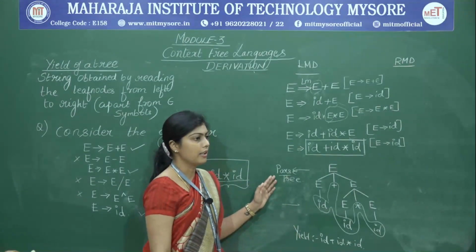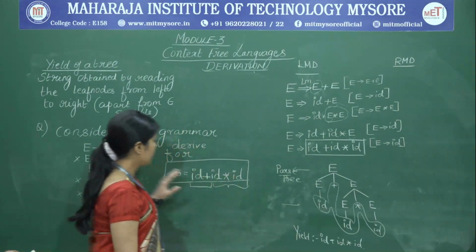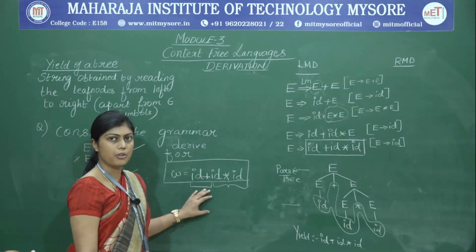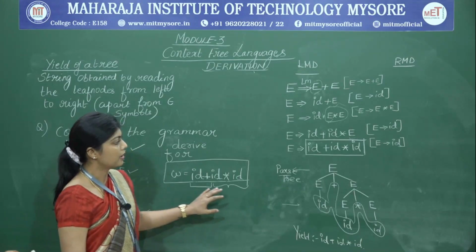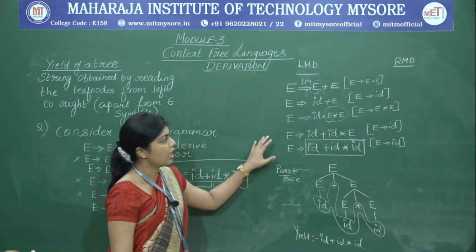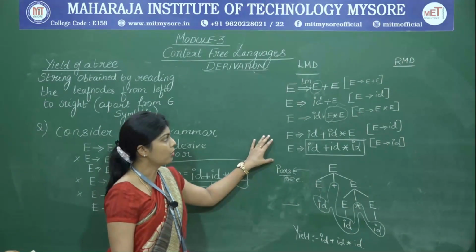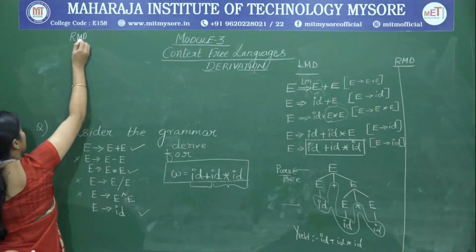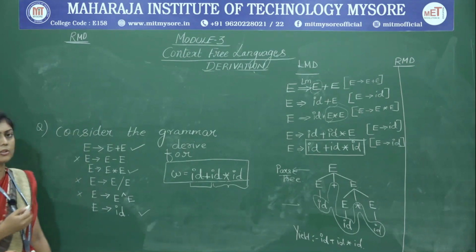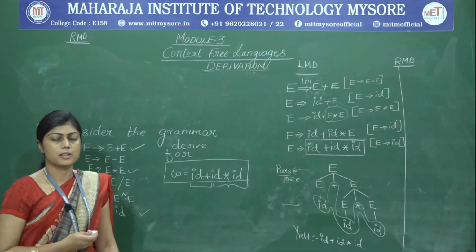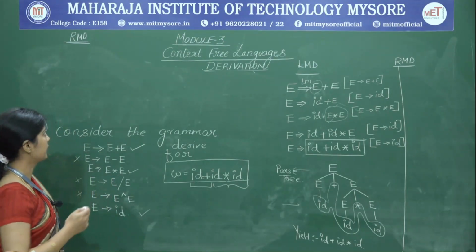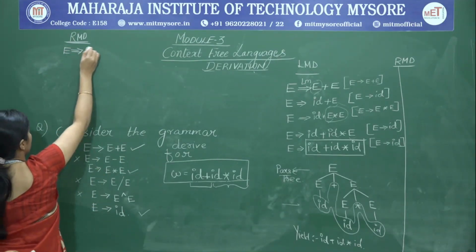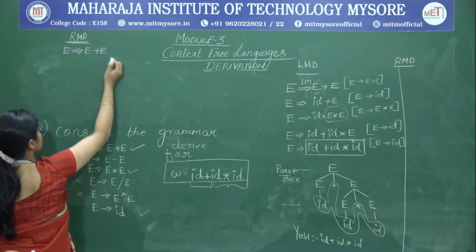So on the same lines, now we will keep the same grammar, we will keep the same string that we have to derive, but this time we will see how to perform the rightmost derivation. So we'll write here RMD. Every time we have to make sure that the rightmost variable is the one which is getting replaced in every step.